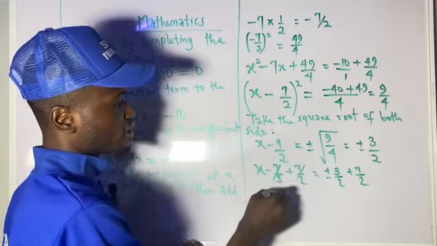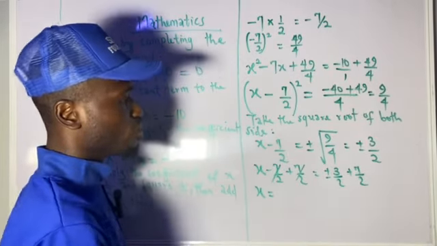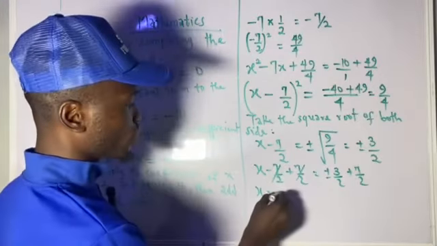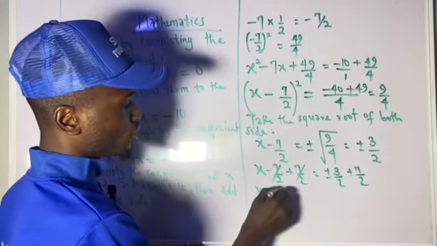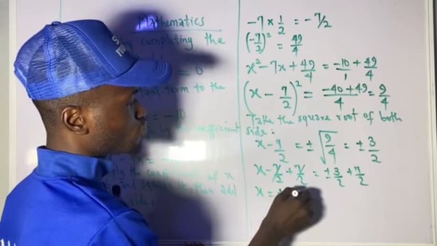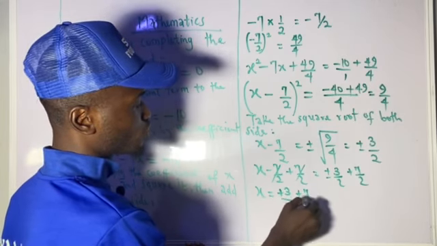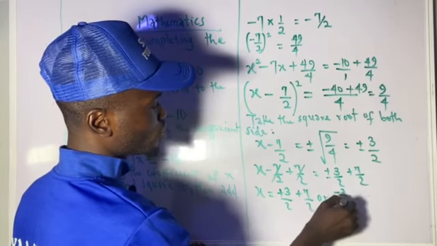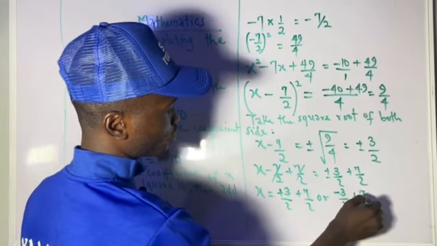From here, these are gone. We have x equal to, and now we can split this into two: plus 3 over 2 plus 7 over 2, or minus 3 over 2 plus 7 over 2.